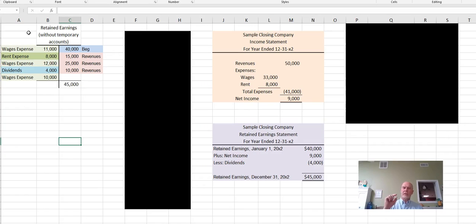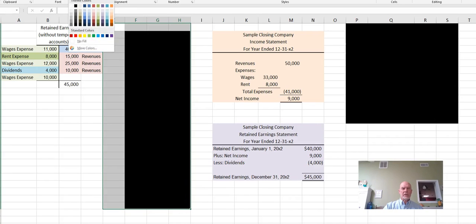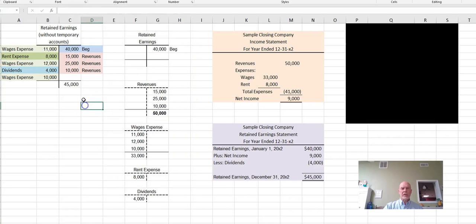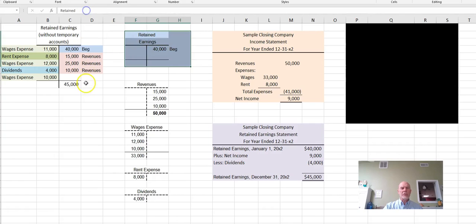if we're not using temporary accounts. But instead of doing that, what we're going to do is take all that information and break it up into separate temporary accounts. So for example, that $40,000, that was our beginning balance in retained earnings. I'm going to just kind of color these things to represent what we had over here.